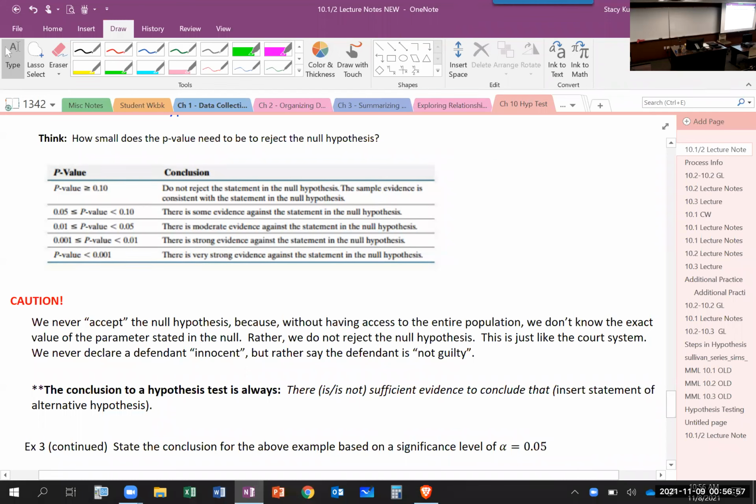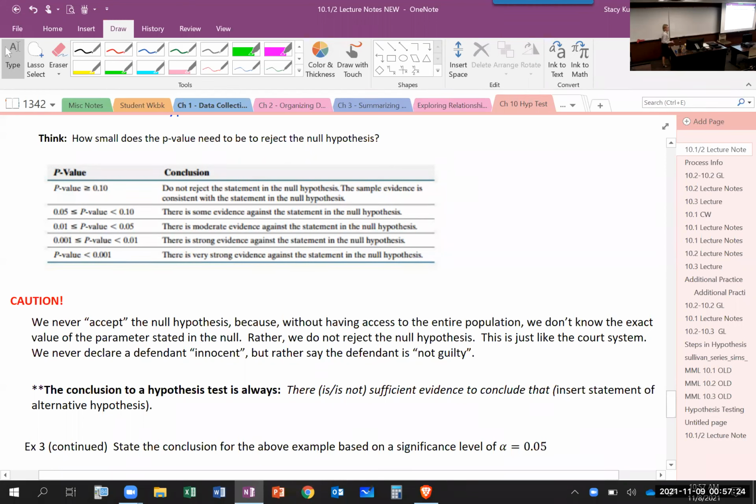Based on wherever it falls, all you're doing is changing your language: very strong evidence, moderate evidence, some evidence, or no evidence against the null. So the p-value allows us to quantitatively, numerically, come up with a number that evaluates the strength.